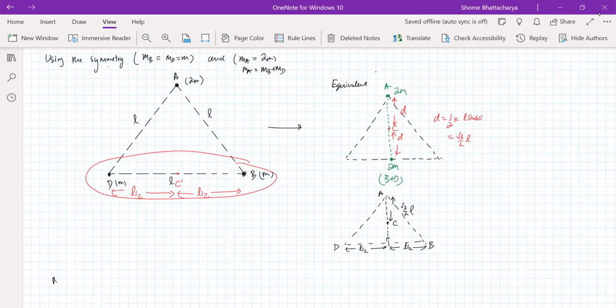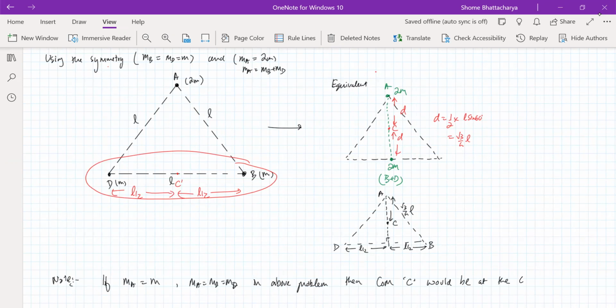Now, one more thing we should understand here, that if mass of A had been equal to M, that is mass of A is equal to mass of B is equal to mass of D in the above problem, then the center of mass C would be at the centroid of triangle ABD.